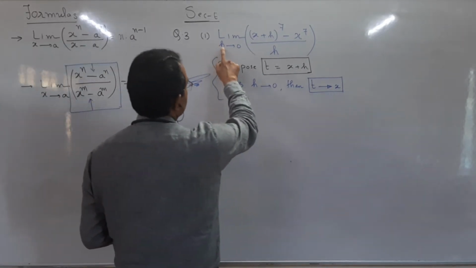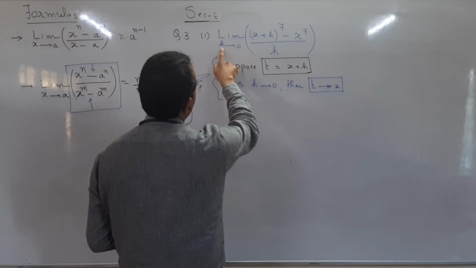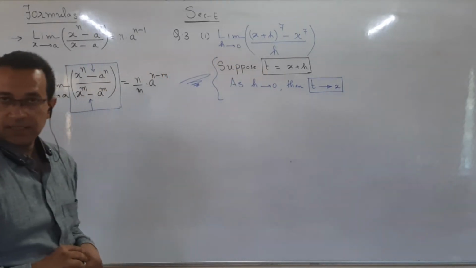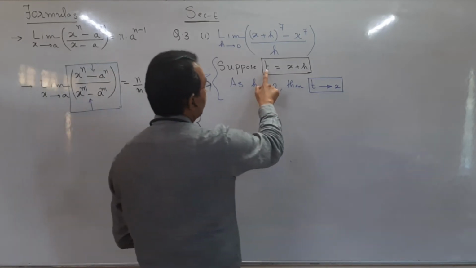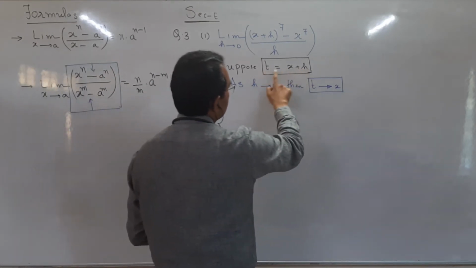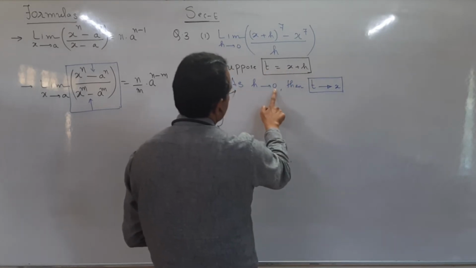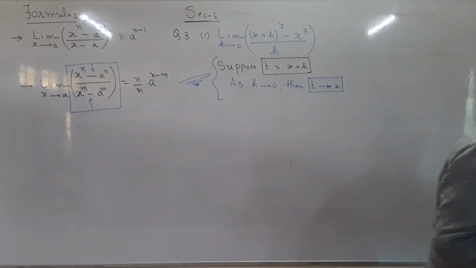Our variable is h tends to 0, so h is our variable. Whatever is on the left hand side of arrow is our variable. From h, I have changed the variable to t. So now limit of t will come. How to get limit of t? Take here h is equal to 0, then t will be x. So we write as h tends to 0, then t tends to x.